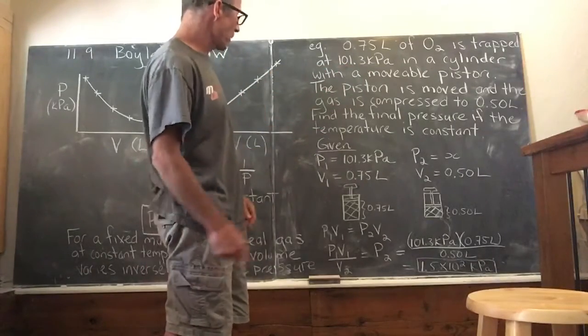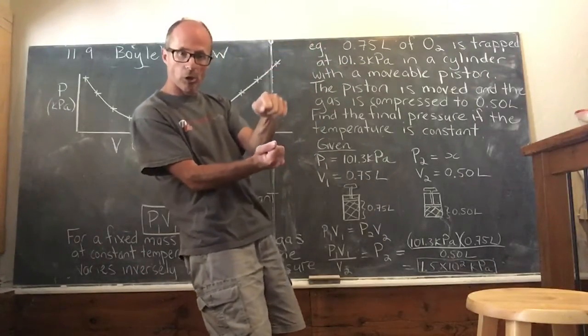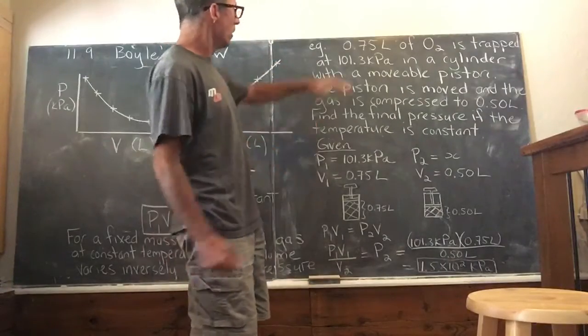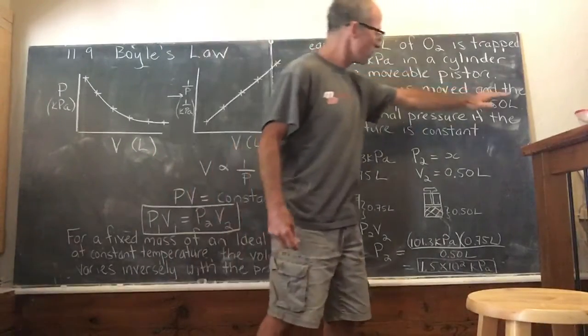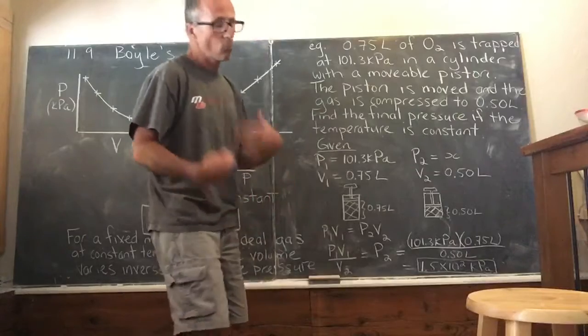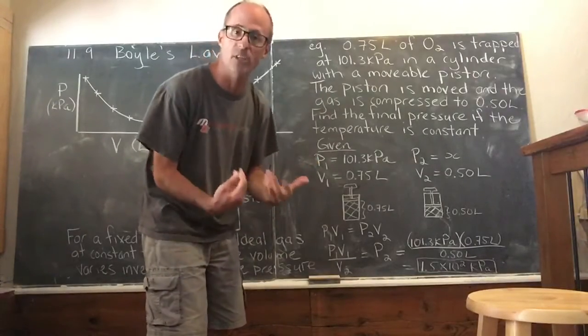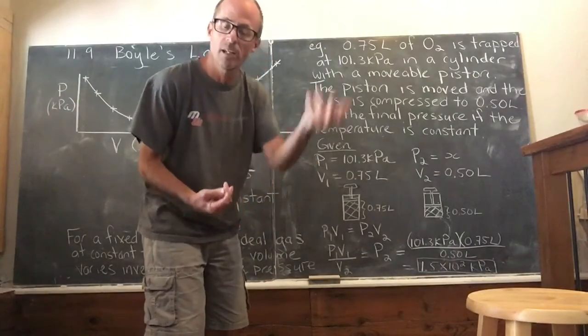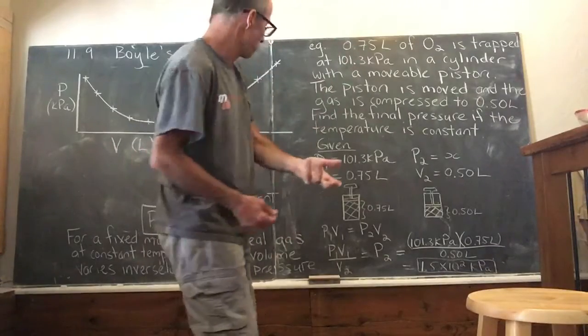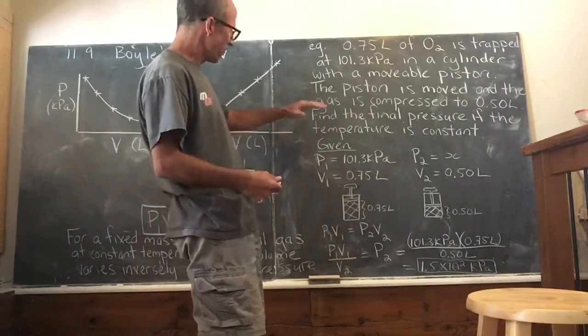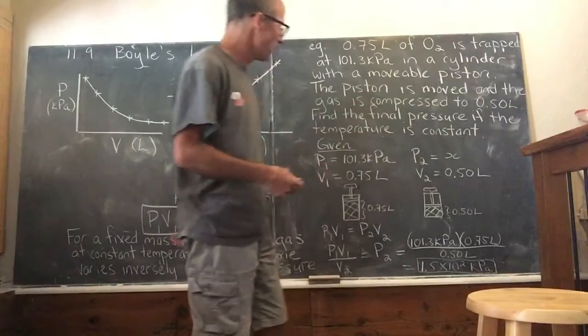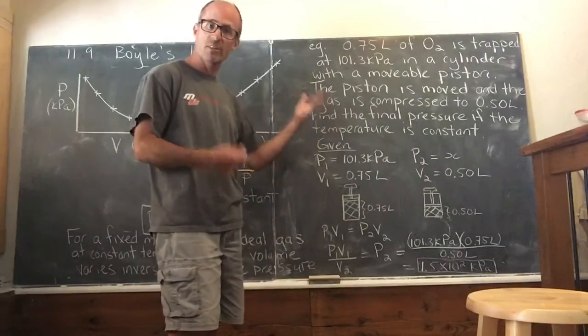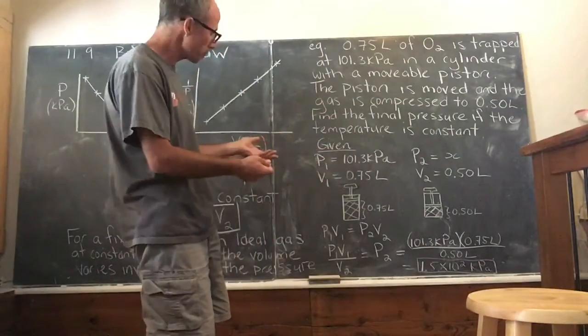If we move that piston and make the volume smaller from 0.75 to 0.5 liters, we know that the pressure has to go up, because as one goes up, the other goes down. The question is, find the final pressure if the temperature of that piston remains constant.